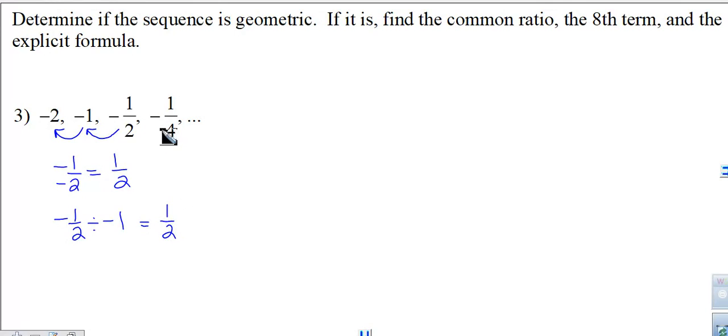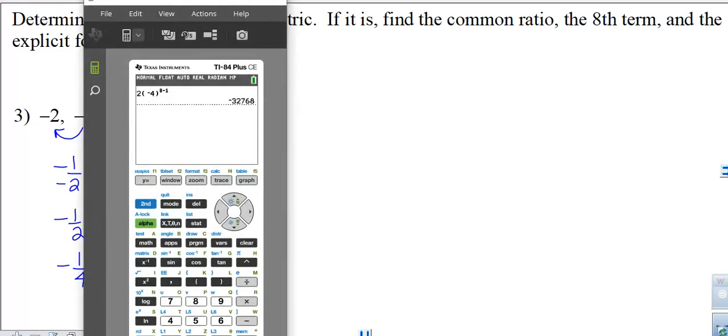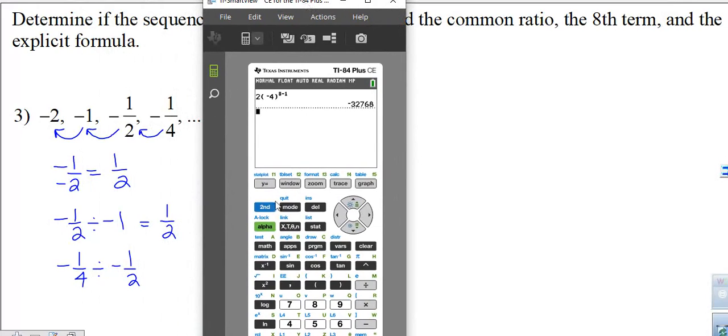Let me test this last one. -1/4 divided by -1/2. If you want to do this by hand, you need to change this to a multiplication and use the reciprocal of the second fraction. If you want to put it into your calculator, let me remind you how to do this. You can use alpha y equals enter to enter a fraction into your calculator.